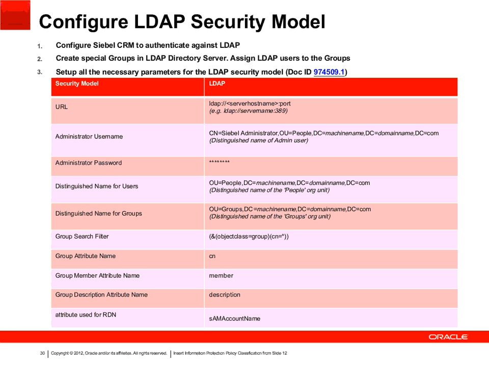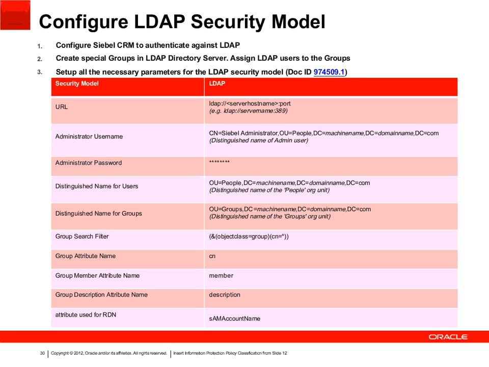Let's take this as an example. Here, OU is nothing but organization unit. We can also call it a container. So inside this particular OU equal to people container, all the Siebel application users will be stored. So in simple words, this parameter will serve as a location base for all application users.